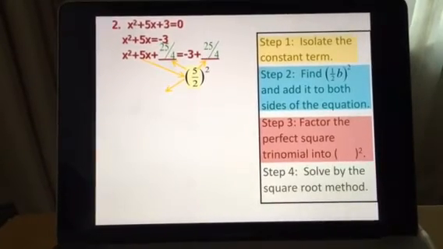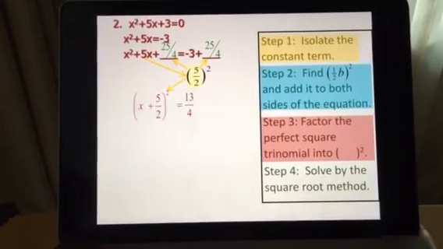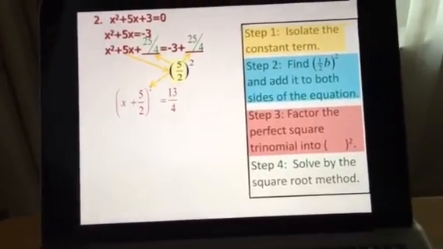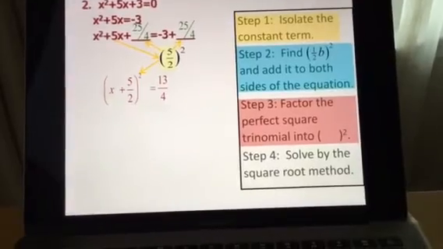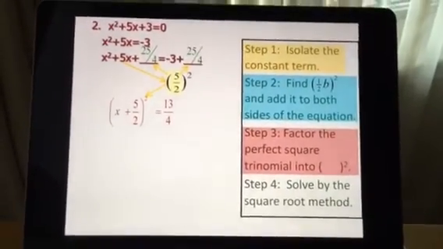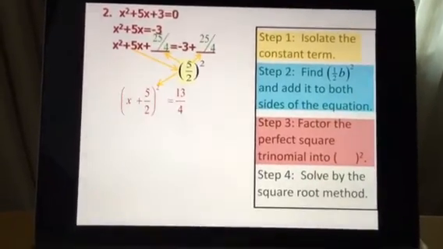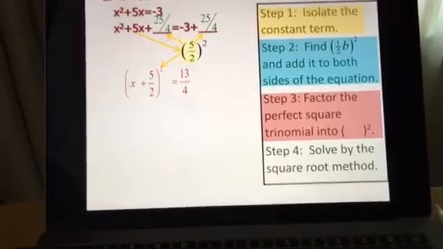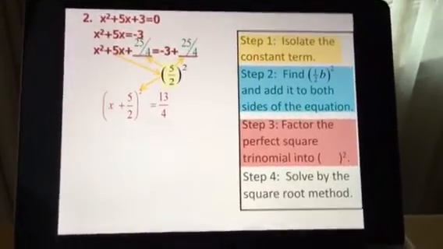We're going to go ahead and factor. Our perfect square trinomial will now look like this: x plus 5 over 2 quantity squared. Well, when we add negative 3 to positive 25 over 4, we get 13 over 4. We're now ready to solve by the square root method.